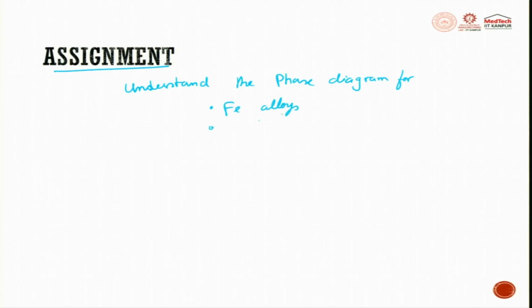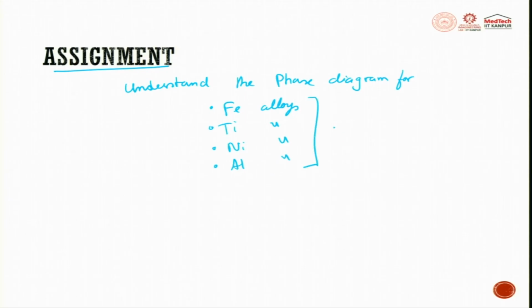The assignment I have already given: understand the phase diagram for iron alloys, next is titanium alloys, next is nickel alloys, and the last one is aluminum alloys.